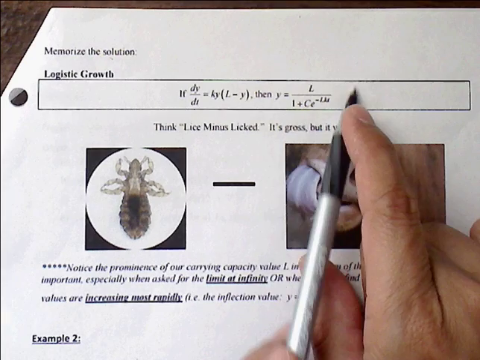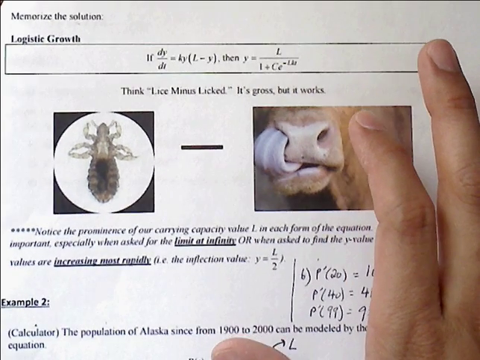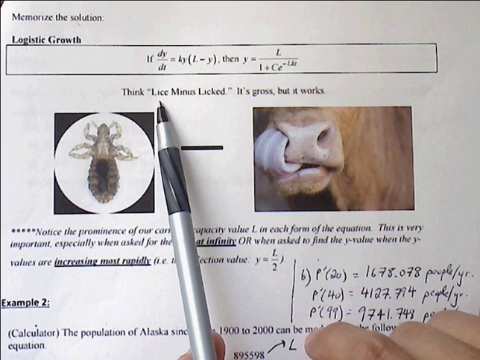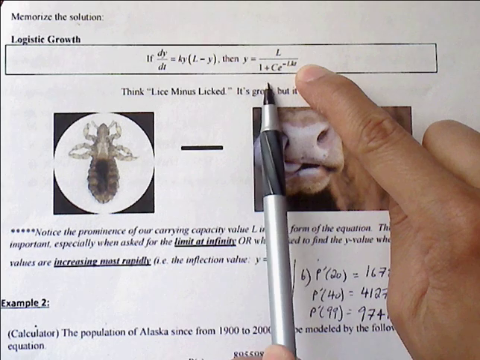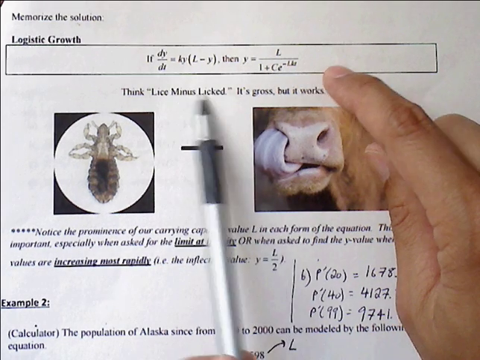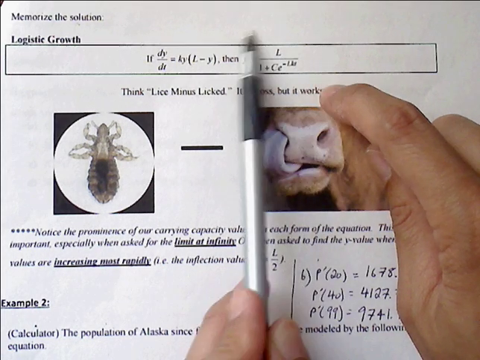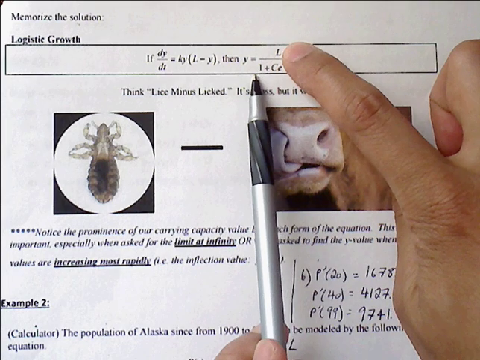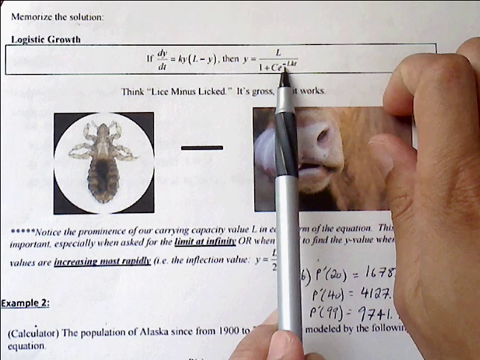Now, this is kind of a hard equation to memorize, and one teacher has a memorization way to help remember this, this notation here, lice minus licht. So if we look at this side of the equation, if you can memorize this, then it'll be easier to write this equation, because you have L, and this is a 1, but it kind of looks like an I, so L-I-C-E, lice minus licht, so negative LKT.